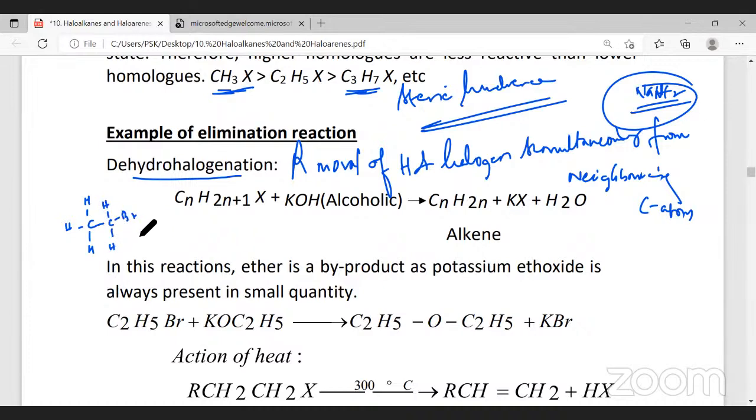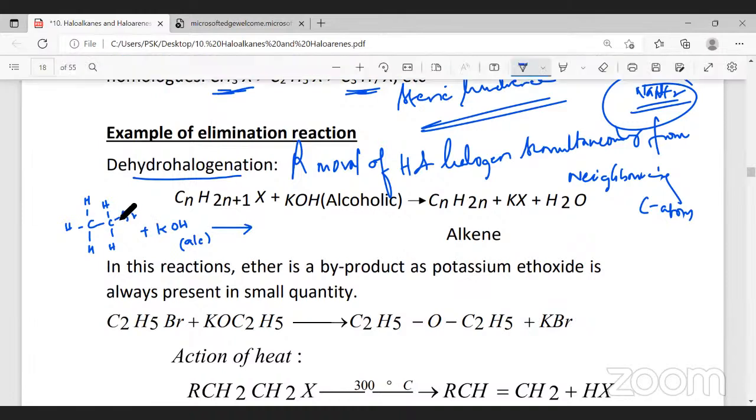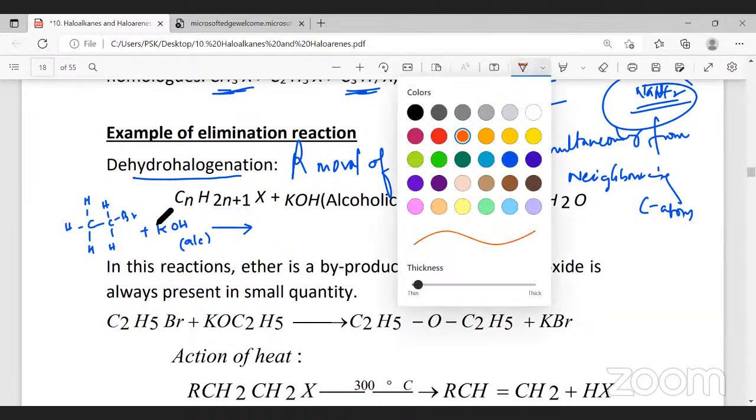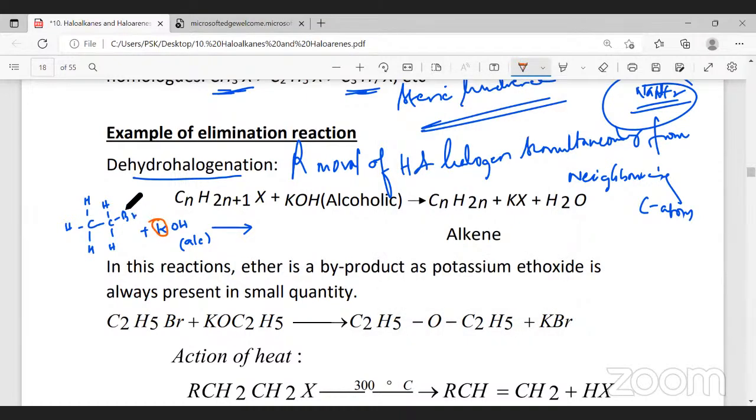Alkyl halide. When this alkyl halide is heated or allowed to react with alcoholic KOH, K and Br get eliminated as KBr.